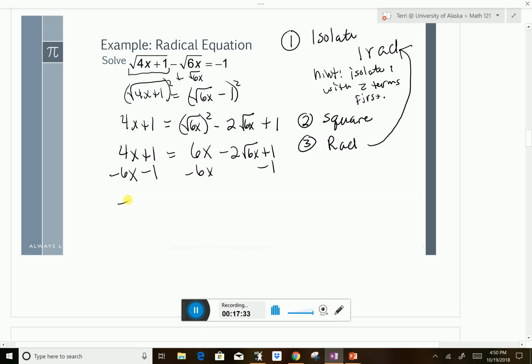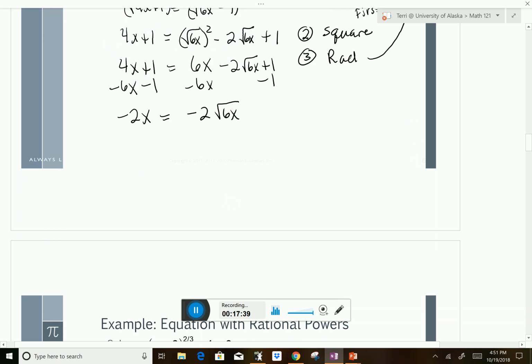And we end up with negative 2x equals negative 2 times the square root of 6x. So let's divide both sides by negative 2. And I have x equals the square root of 6x. So now, square again. x squared equals the square root of 6x squared.